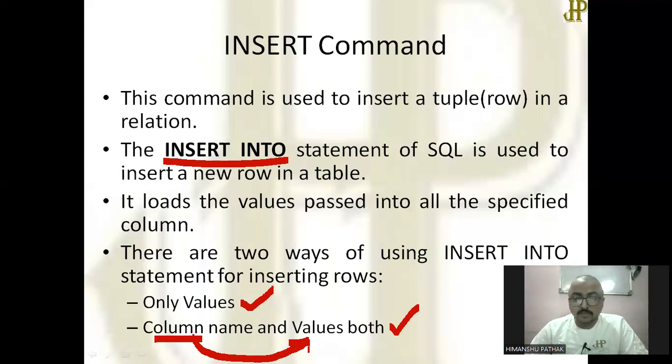One thing has to be remembered: if you are going to use only values, you have to supply all the values against each column of the table. Otherwise, it will show an error. But in the second method, you can skip some columns by not including their column names.